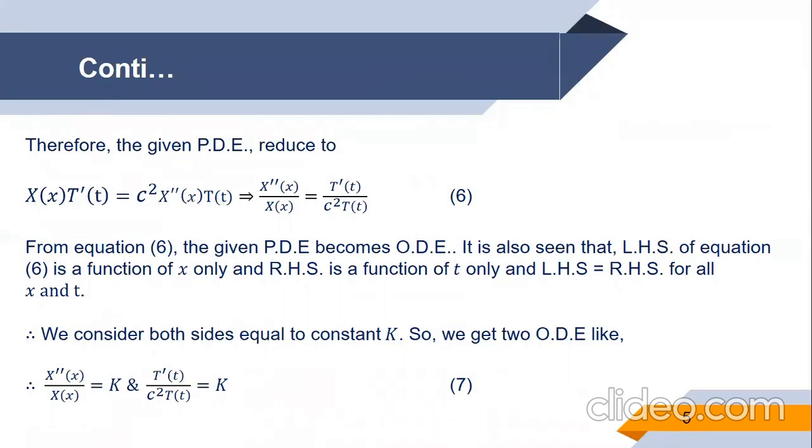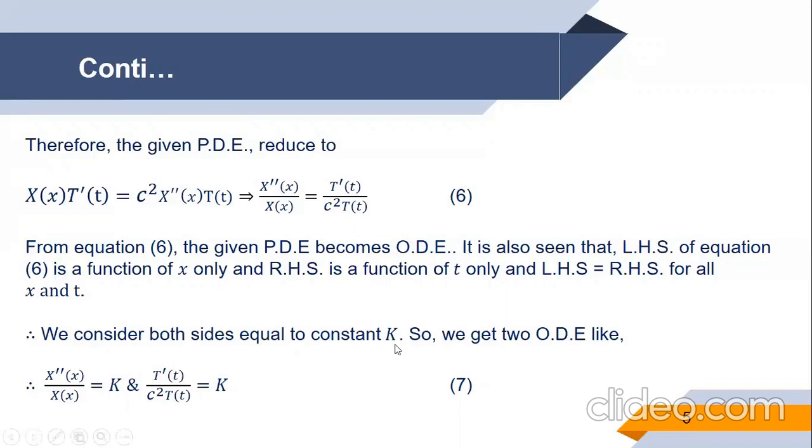Now we apply the separation of variables method. So we convert this form to X double dash upon X and T dash upon c square T. From equation 6, the given PDE becomes an ODE whose left hand side and right hand side are equal. The left hand side depends only on x, the right hand side depends only on t, and therefore we set this equal to a constant k.